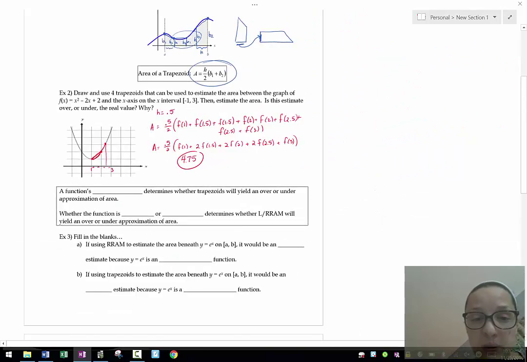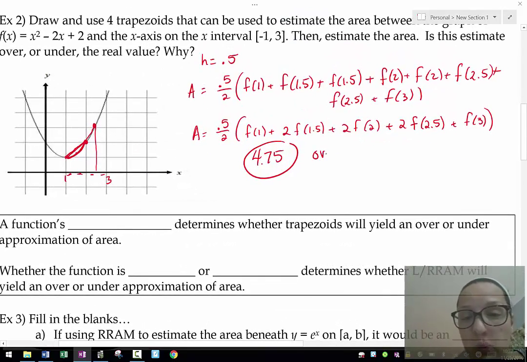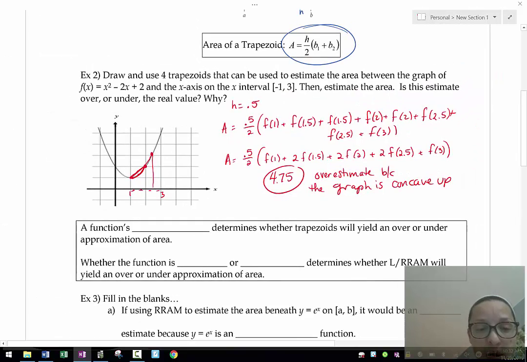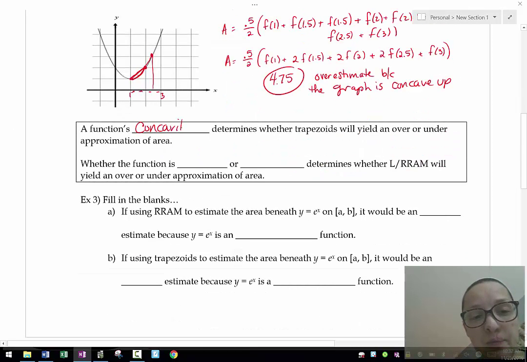So this is, let me zoom it in here a little bit better. This is an overestimate because the graph is concave up. All right, so a function's concavity determines whether the trapezoids will yield an over or an under approximation.